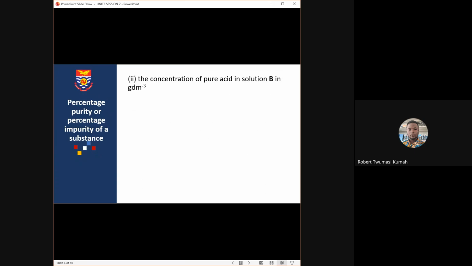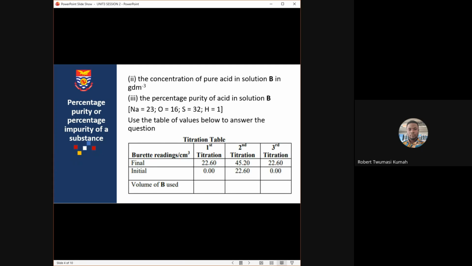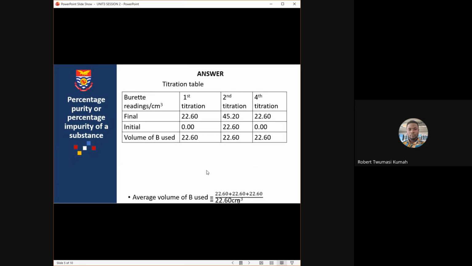So B is our analyte. And we are to do all these things to find the percentage purity of acid in B. We have this table, and so we will proceed to do our average. I hope up to this point it is easy for all of us.